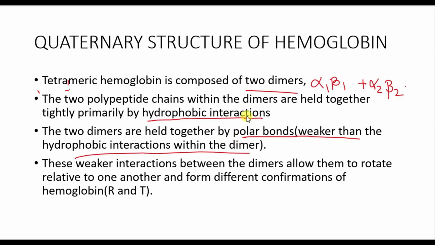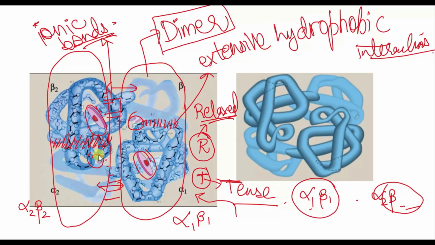Well, this doesn't mean that polar bonds are always weaker than hydrophobic interactions. This is the case because the hydrophobic interactions within the dimer are more extensive. There are a greater number of amino acids present here to bind with one another, so that gives them a greater strength. Whereas in between the adjacent dimers, there are fewer polar amino acids, so those polar amino acids have formed less extensive polar ionic bonding compared to the more extensive hydrophobic interactions.